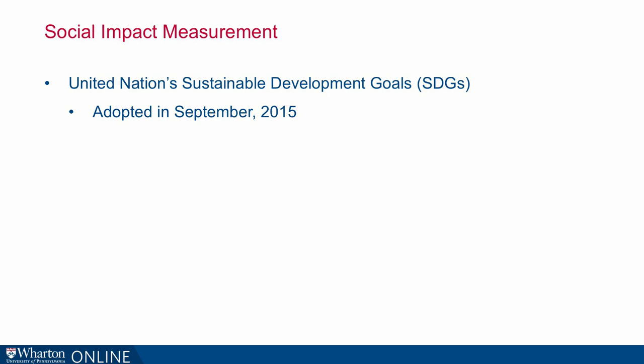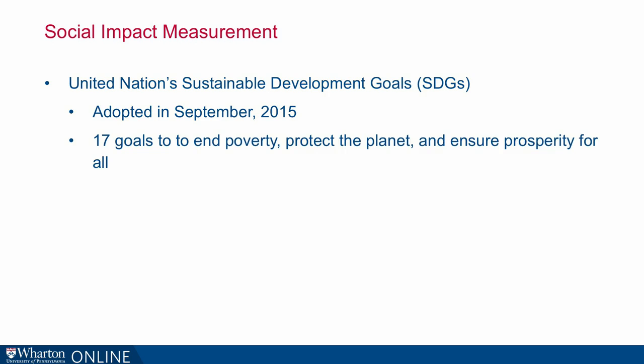So the United Nations Sustainable Development Goals were adopted in September 2015, and they are 17 goals to end poverty, protect the planet, and ensure prosperity for all. So I won't describe all 17 goals in detail, but I encourage you to look them up. I think they're impressive and interesting.